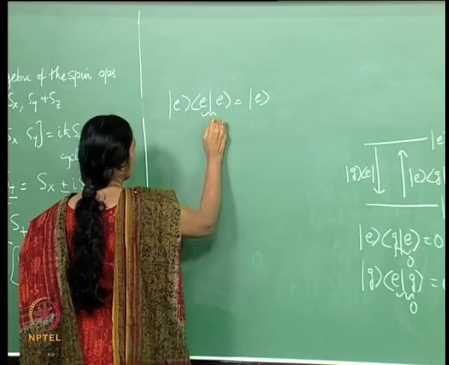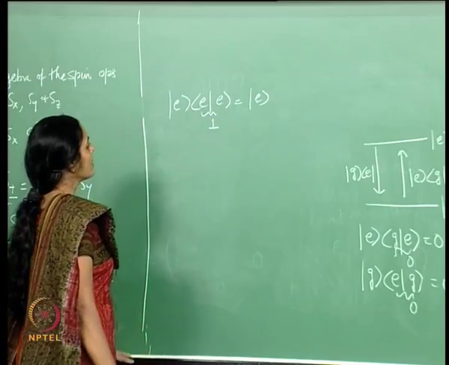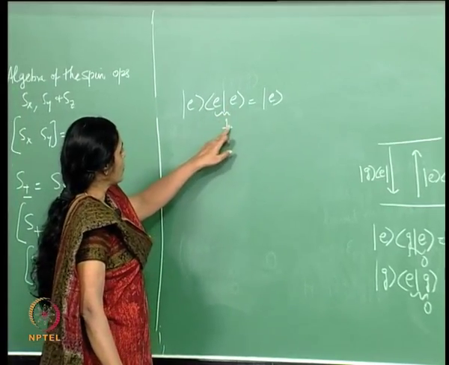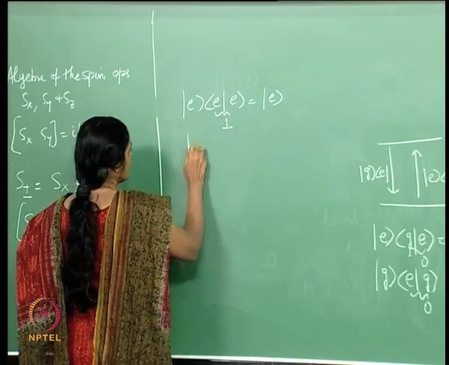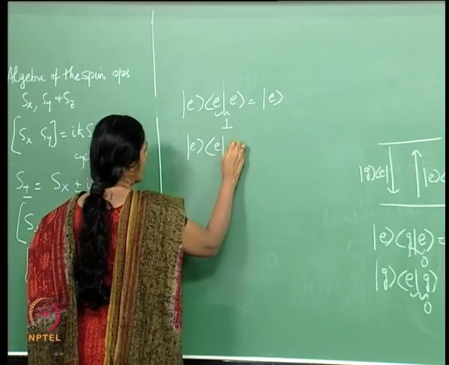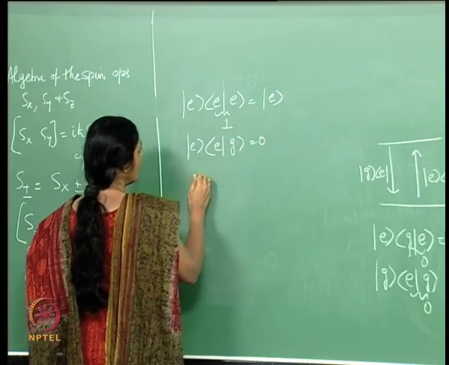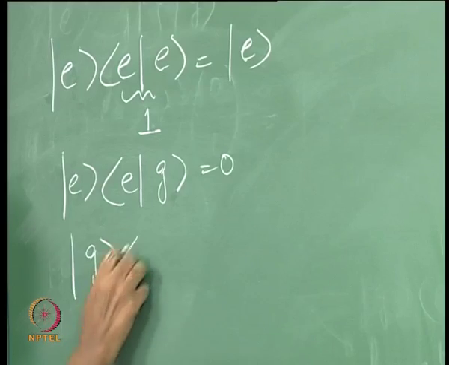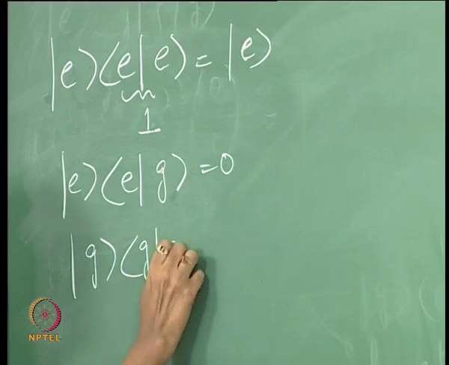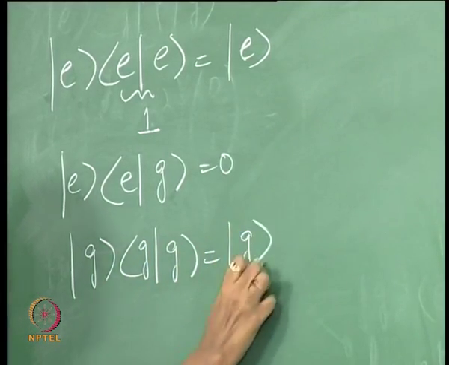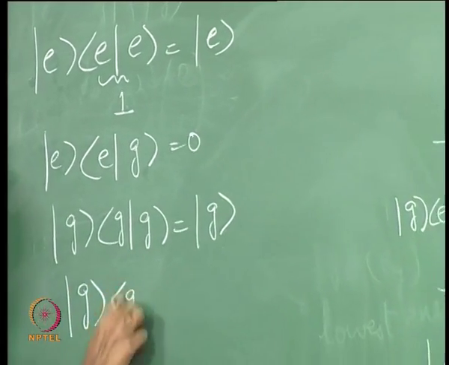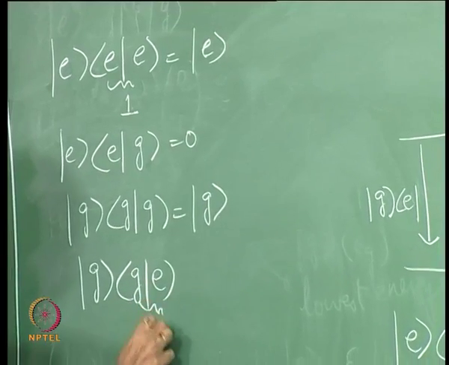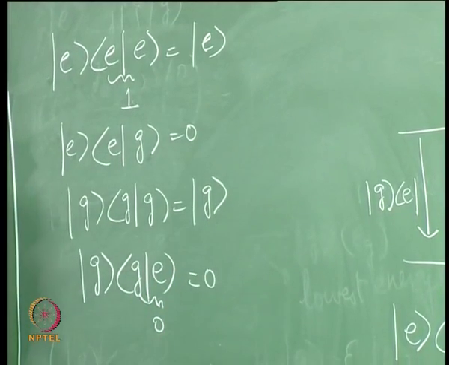It's clear that because |e> is a normalized vector, normalized to 1, you just retrieve ket e, and when |e><e| acts on |g>, that is 0. Similarly, |g><g| acting on |g> gives me the same state, and acting on the first excited state gives me 0.